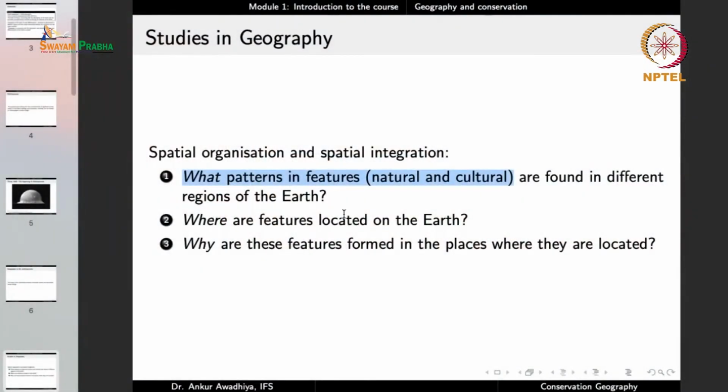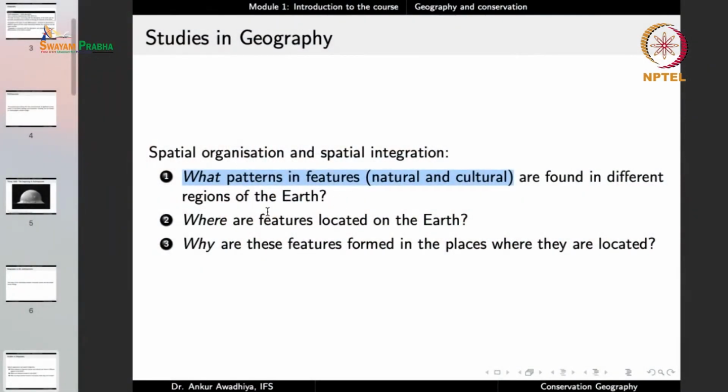And by cultural features, we mean the humanized features. So we are asking what are the differences in different locations, not just in nature, because nature also has become humanized, but also in the human beings. So in describing the earth, we are looking at various patterns in different areas.